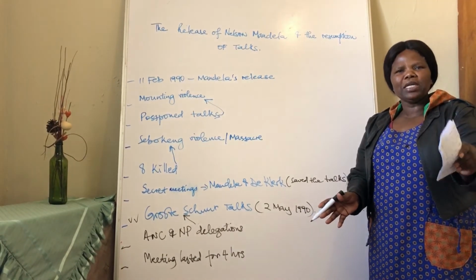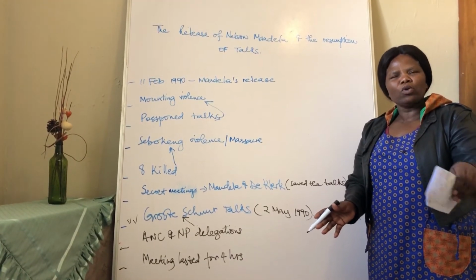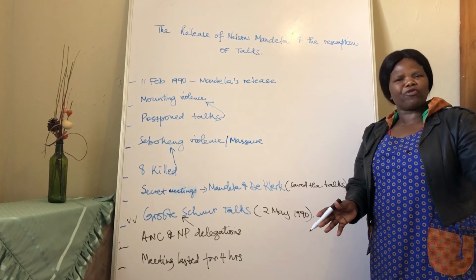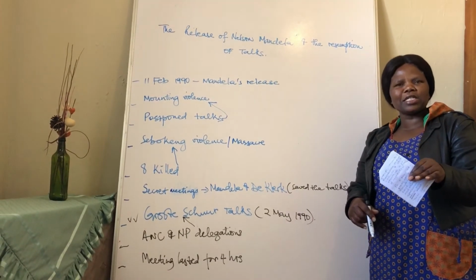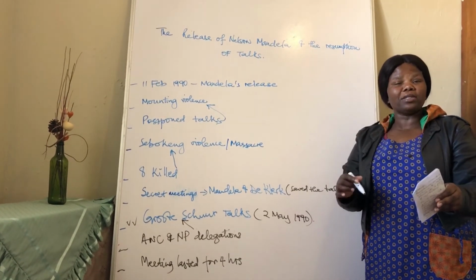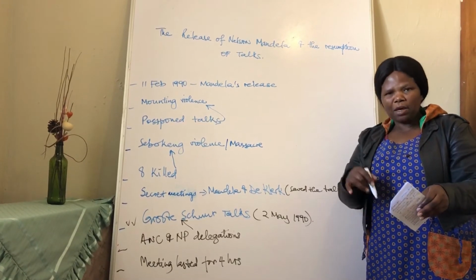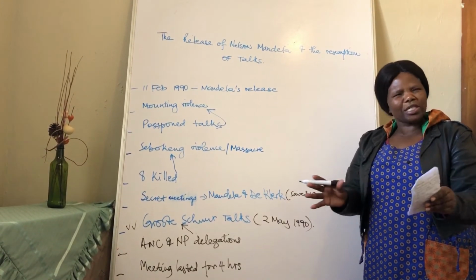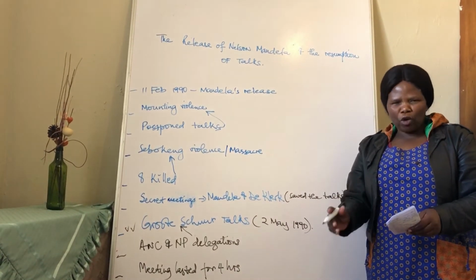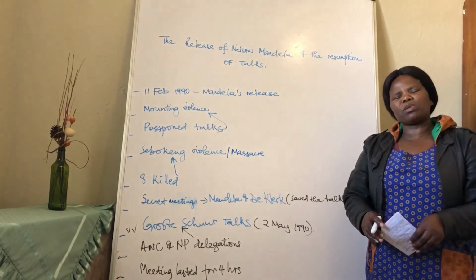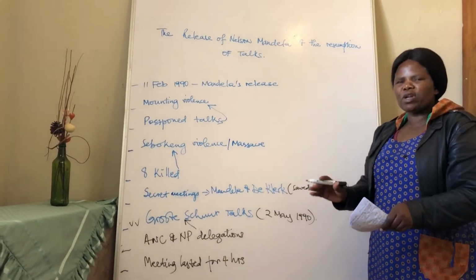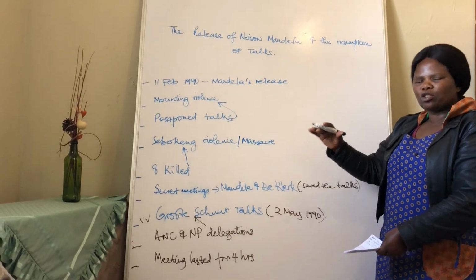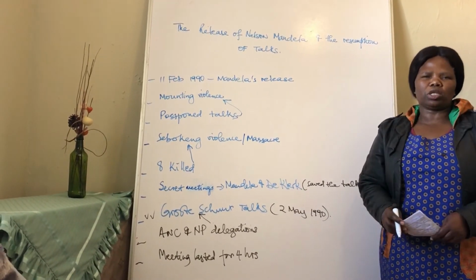The NP led by de Klerk, accompanied by the following, and the ANC delegation led by Nelson Mandela and the other people in that delegation. So those details are very, very important. And of course, don't forget your outcomes of the meetings. So it's very, very important in this kind of essay that you tell us that information.